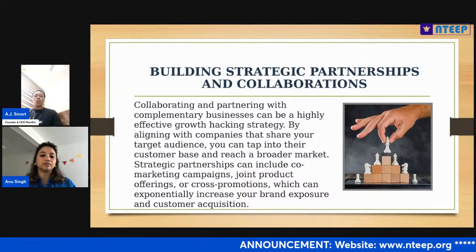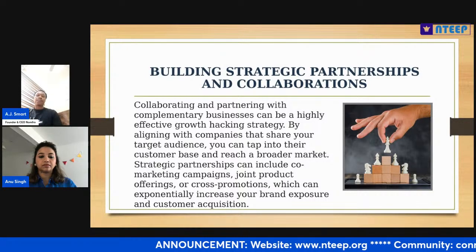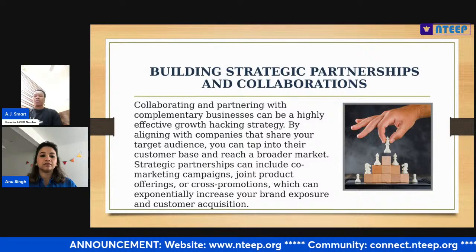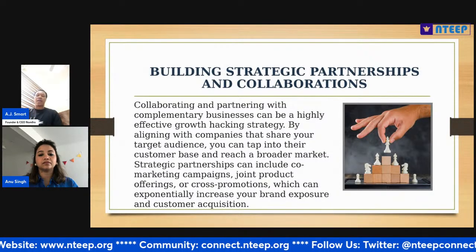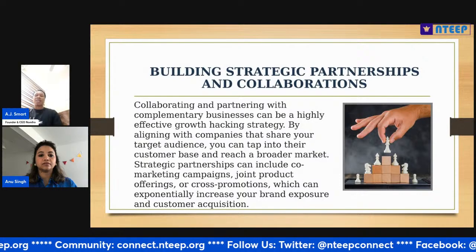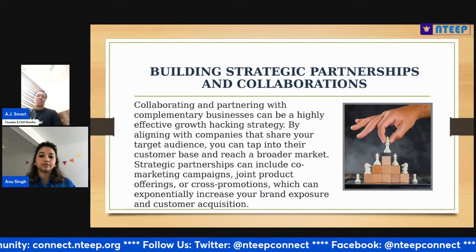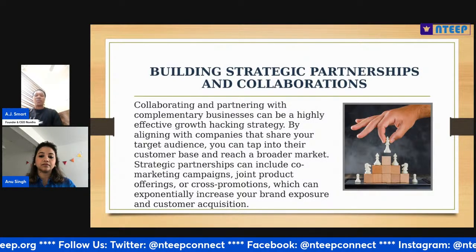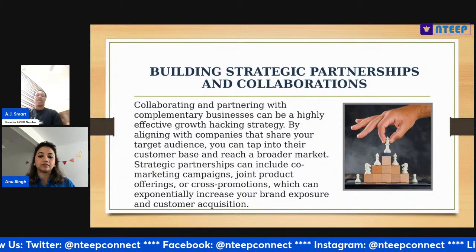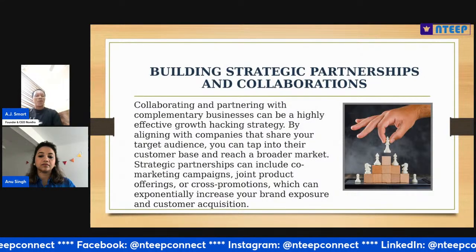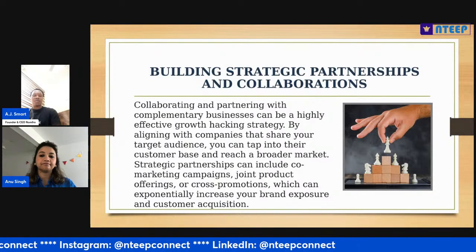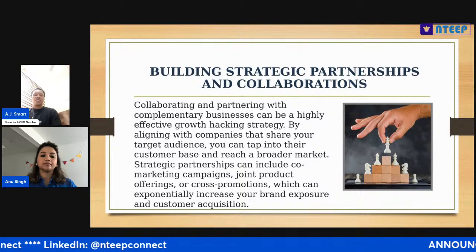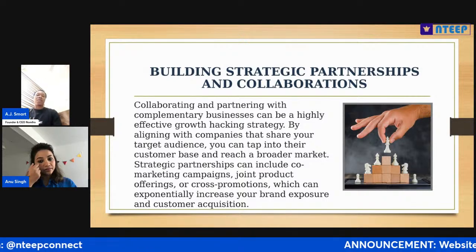So this is also one very important business growth hacking strategy. Collaborating and partnering with complementary businesses can be a highly effective growth hacking strategy, by aligning with companies that share your target audience, as I just said, whether they are directly your competitors or they are just a platform that you can leverage on.